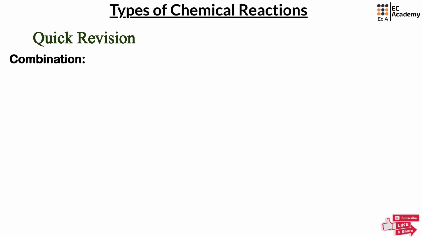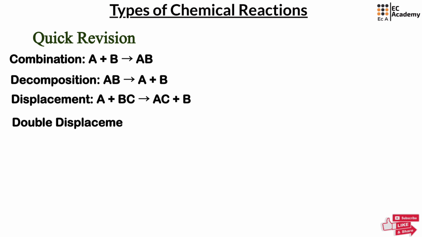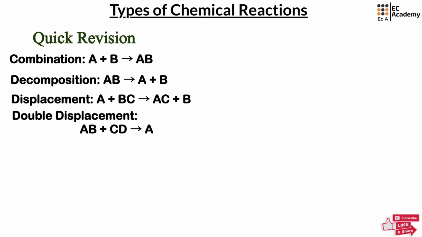Let us quickly revise. Combination means many reactants become one product, like A plus B will produce AB. Decomposition means one reactant breaks into many products, like AB will produce A plus B. Displacement, a more reactive element replaces a less reactive one: A plus BC will produce AC plus B. Double displacement, where two compounds exchange partners, like AB plus CD will produce AD plus CB.